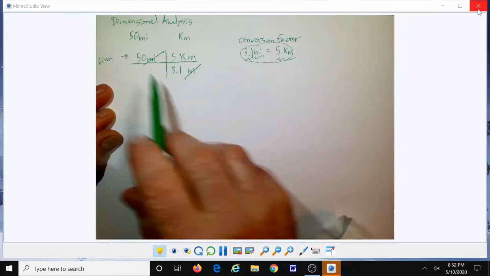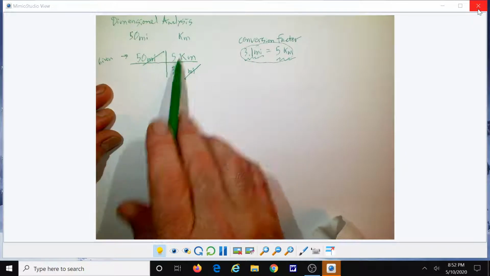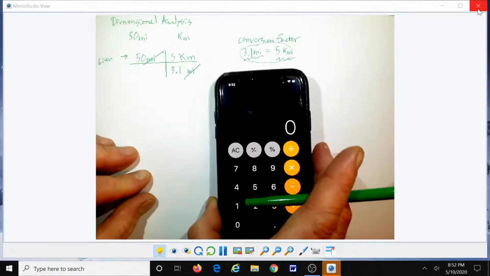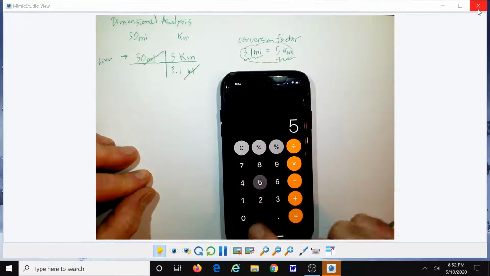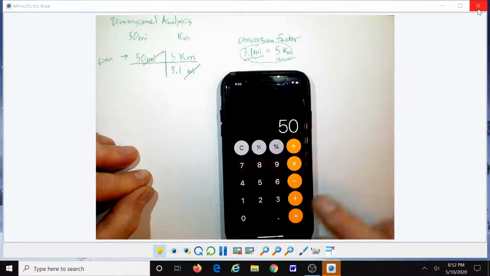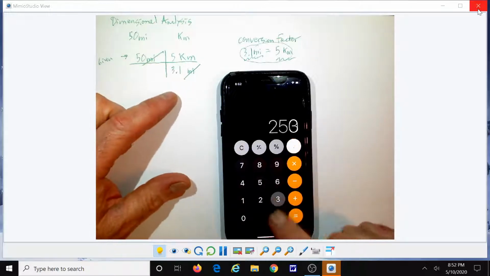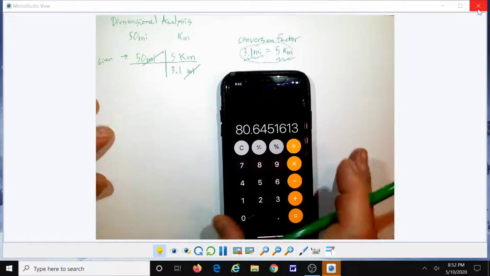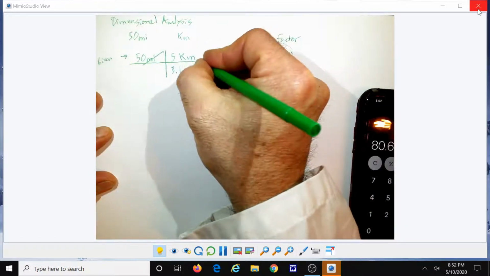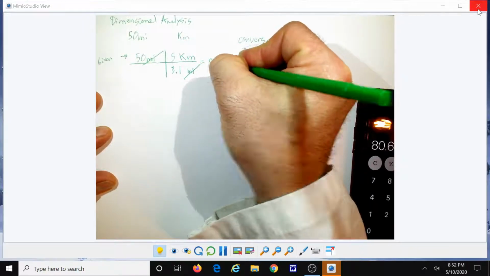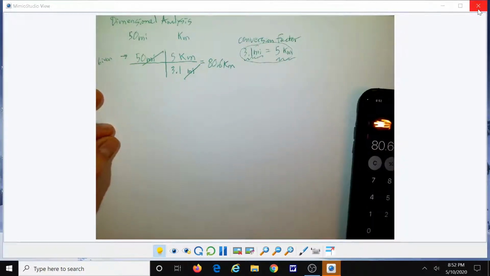Then you do the math: the numbers in the numerator divided by the denominator give you your answer. On the calculator, we take 50, and since we're going across, we multiply by 5, and then divide, because 3.1 is in the denominator, by 3.1. That gives us 80.6 kilometers. So that's the distance 50 miles would be in kilometers.